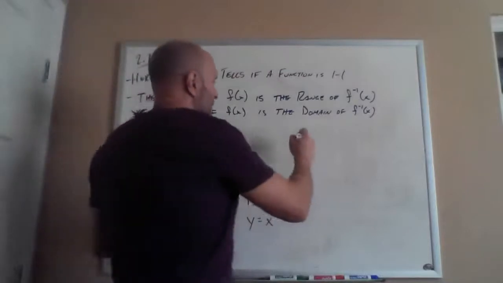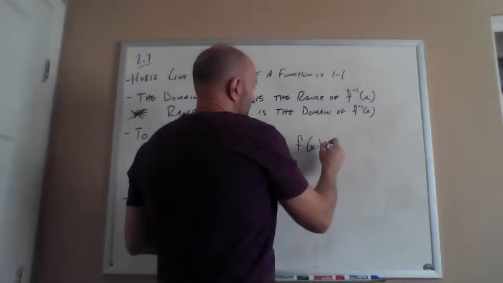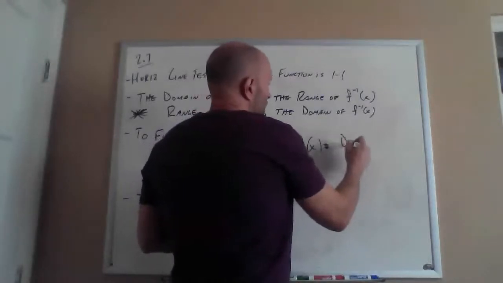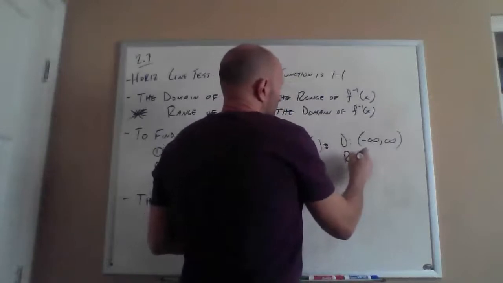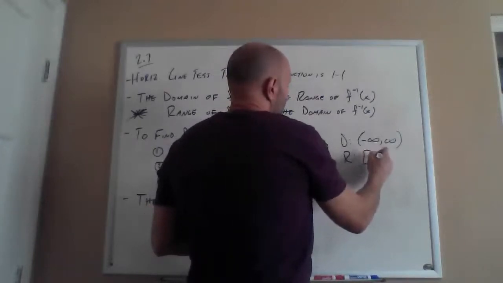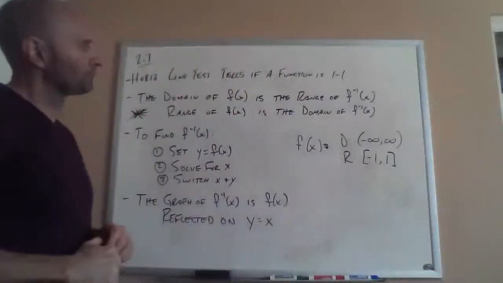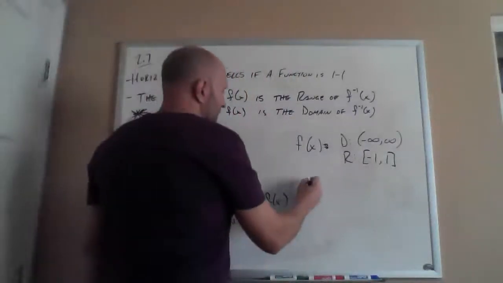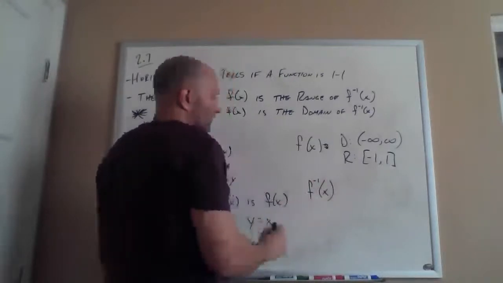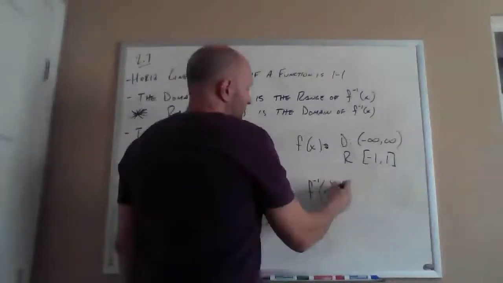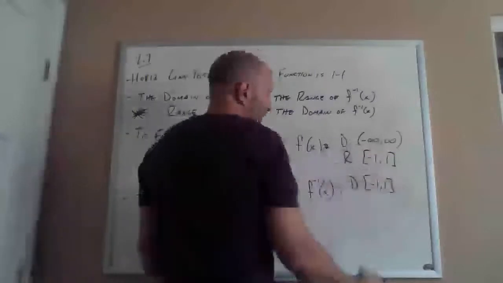So for example, let's say that I have some function f of x and the domain is all real numbers and the range is -1 to +1. So the inverse function, if this was 1-to-1, the inverse function is going to have domain -1 to 1.